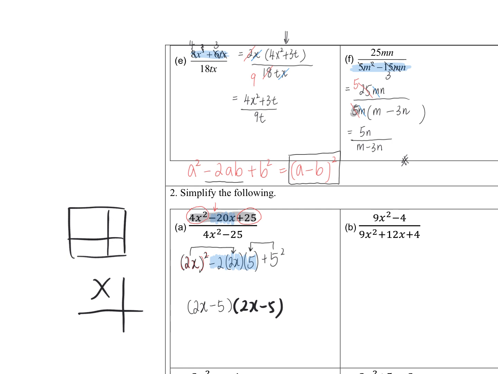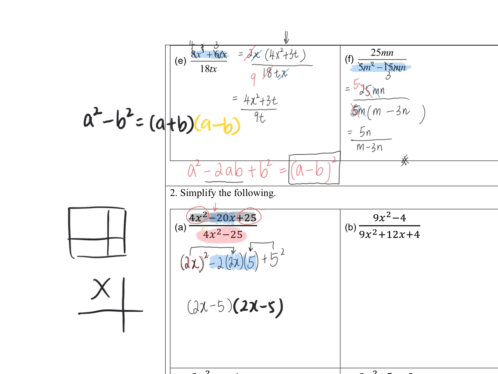Okay, now the bottom. Look at the bottom. How should I factorize this? Are they both perfect squares? So can I suspect that maybe I need to use this one? Okay, so likely I need to use (a plus b)(a minus b).